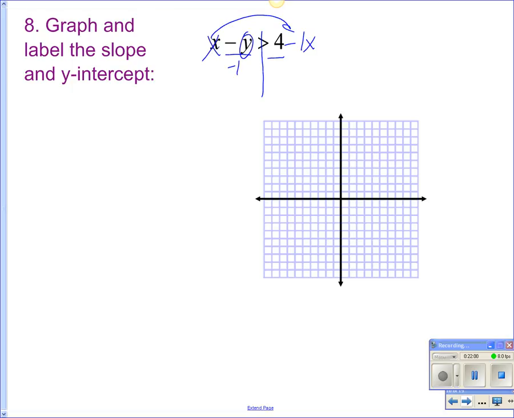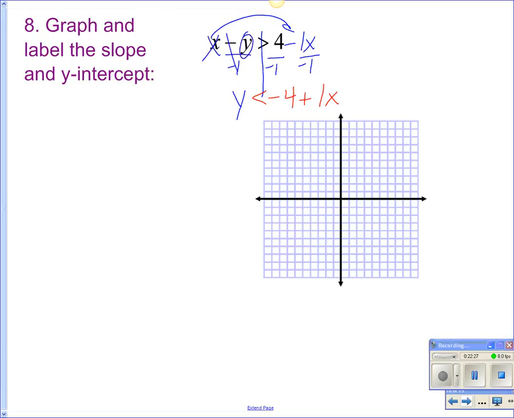Very good. You divide by negative 1. Ethan G., what happens when you divide by negative 1? Very good. The sign flips. Daniel, 4 divided by negative 1. Blake, negative 1 divided by negative 1. Positive 1. Okay.